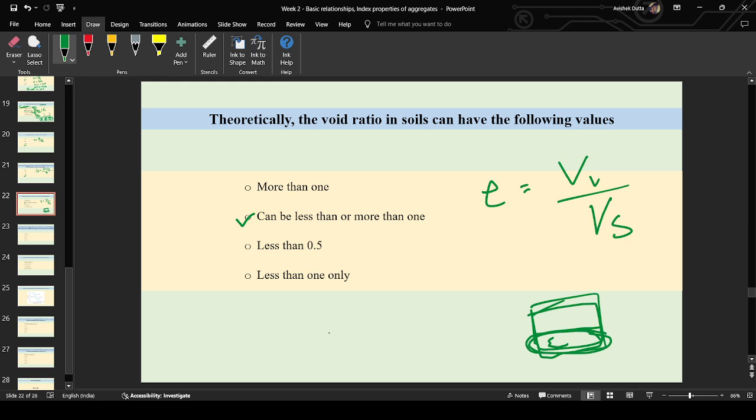Now you put the same soil in a petri dish. So volume of voids can at any time get more than the volume of soil solids. Specifically for loose, non-compacted soils, there are high chances of those soils having volume of voids more than volume of soil solids. So it can be less than or more than 1.